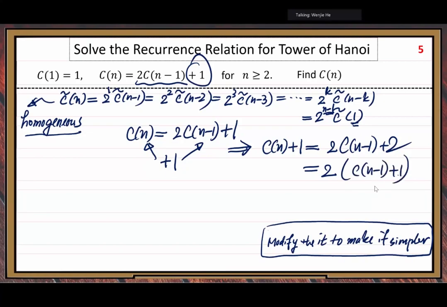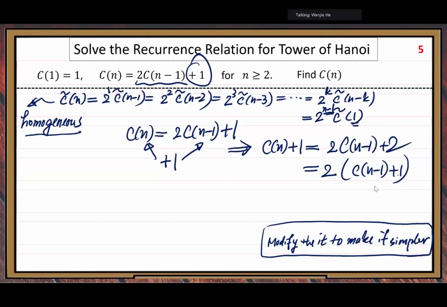After this step, do we make the plus 1 term disappear or not? Think about that. So this is legal, right? It's a legal algebraic operation. Nothing is wrong. We change the form.